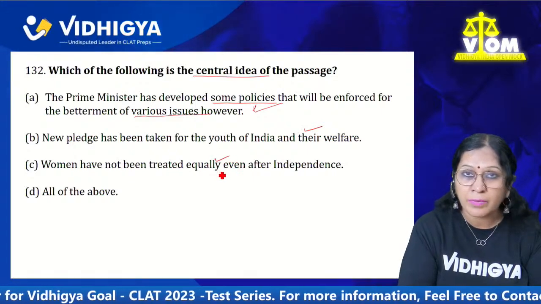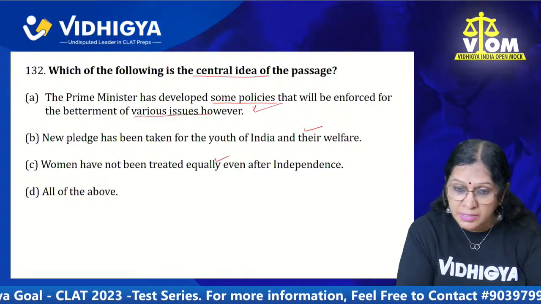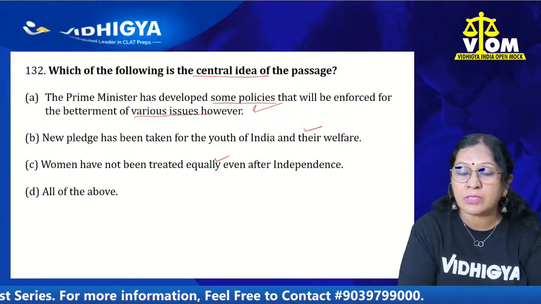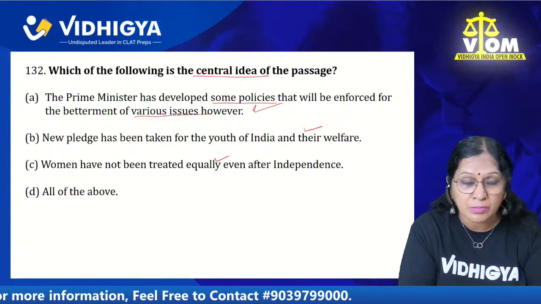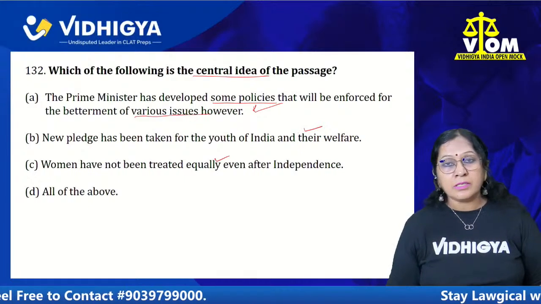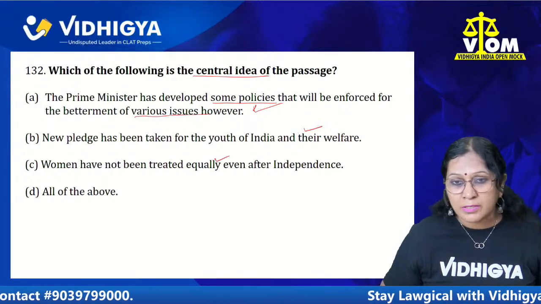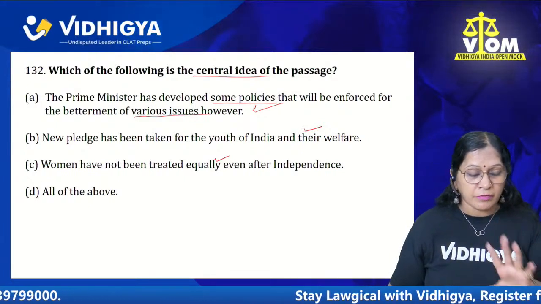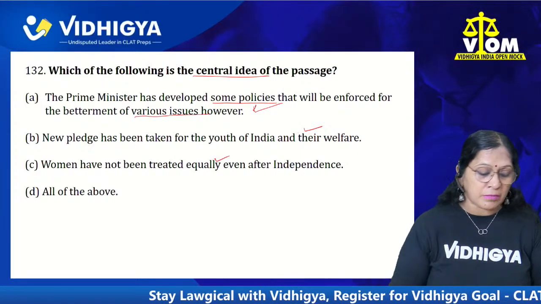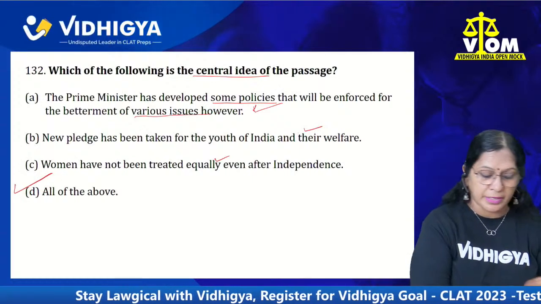Because if they have not been treated equally, this is what the author says. And on this basis, he has used the Prime Minister's speech when he talked about the issues relating to all this and then what to do about these issues. So they talk about the 5 promises, the Panch Pran. So all three taken together will be part of the central idea.